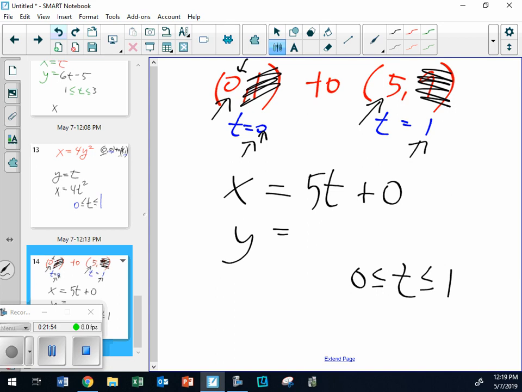Words to live by. Starting number here. Change here. That's like the slope. Remember, we thought of the slope as a change? Change is from 0 to 5. So the change there is 5.